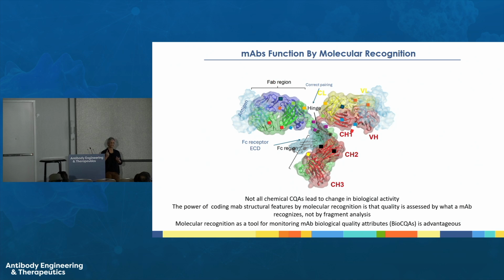You can even have a single mutation in any one of these loops that would prevent antigen binding. And because the IgG is a polymer, you can have chemical changes that occur in distal parts of the molecule, somewhere that is totally not near the antigen binding site, but it can affect the antigen binding.